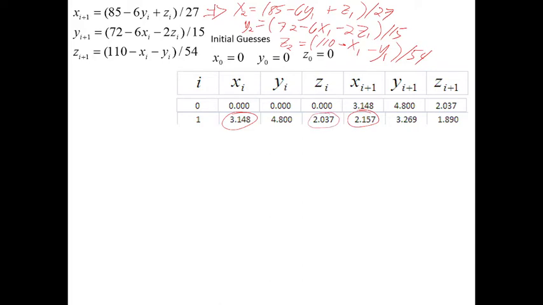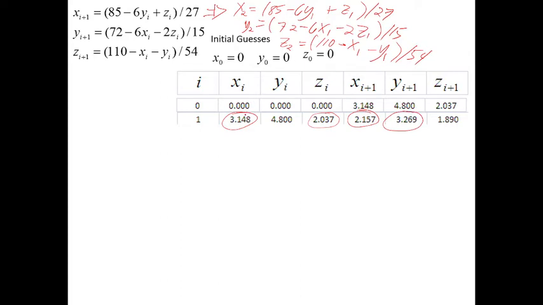Okay, there. Then we divide it by 15. We get 3.269.